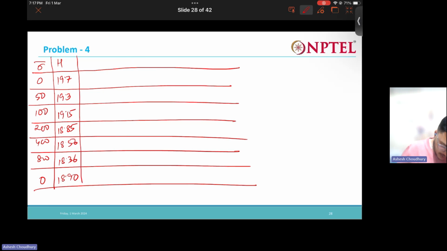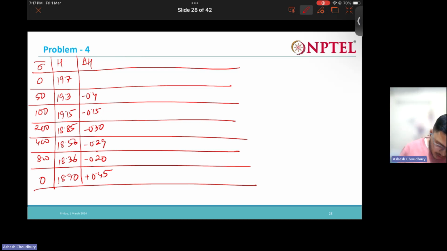Now let us calculate delta H. From here to here it is reducing by how much? 0.4. Then 0.15 from here to here, 0.29, 0.20. Here to here it's increasing, plus 0.45.